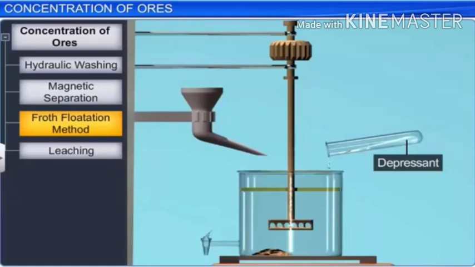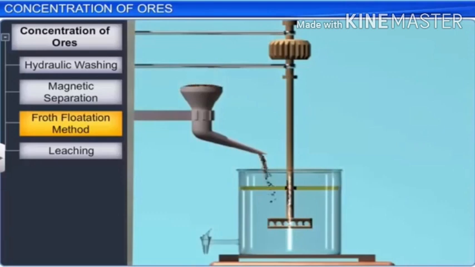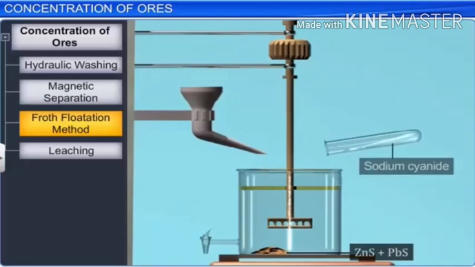The role of the depressant is that it will allow only one sulfide ore to enter into the froth. For example, if you are going to concentrate an ore which contains zinc sulfide and lead sulfide, both of which are sulfide ores, we can use a depressant known as sodium cyanide.